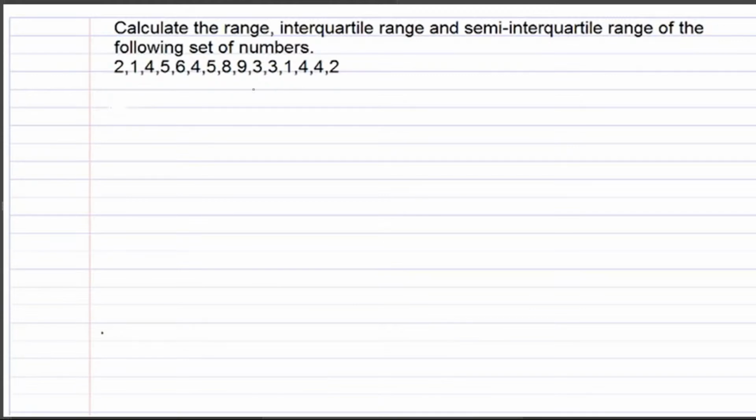So how many ones do we have? We have two ones right here, so I'm just going to write 1 and then 1 again. How many twos do we have? One, two right here, so 2, 2. Then we have threes.